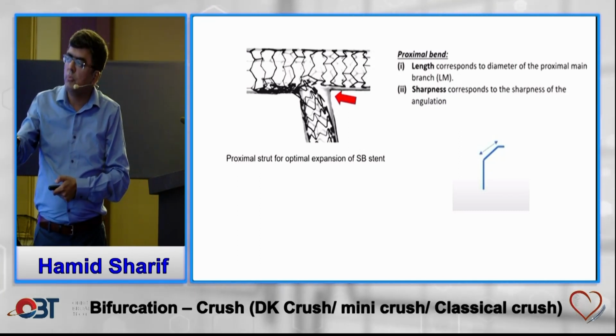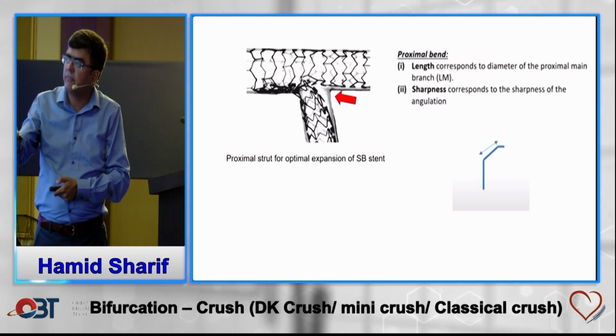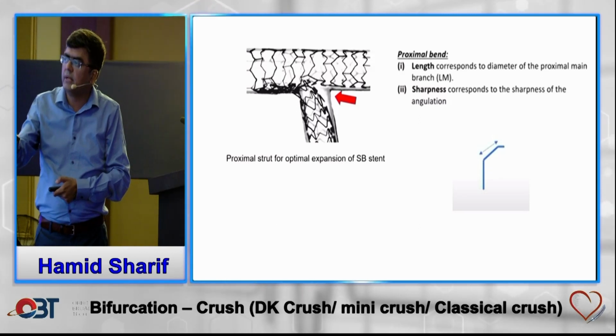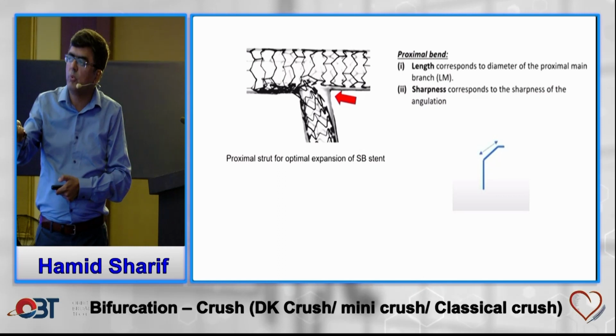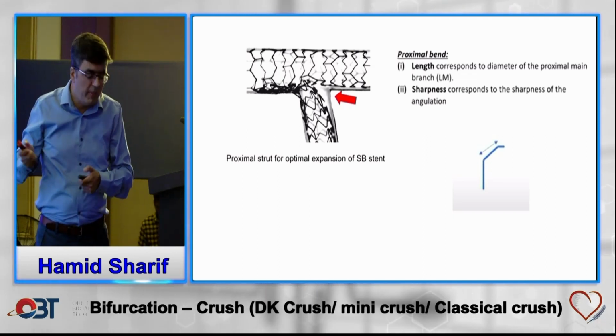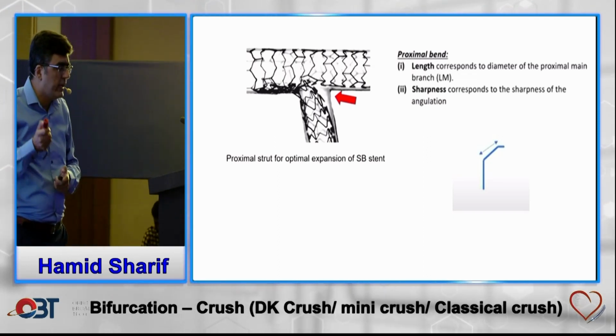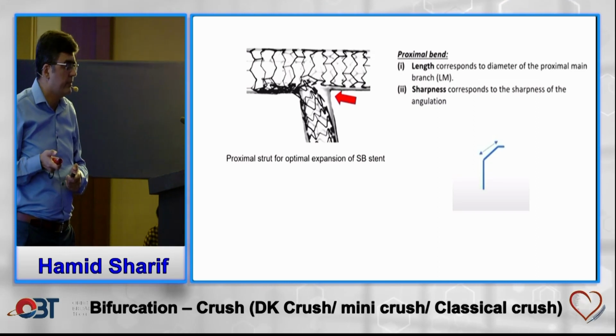So if your wire is over here, the 2.75 balloon should slip easily. If the wire has gone from here, you will have difficulty. The problem is that what we normally do, if the balloon is not going, we take a 1.5. The 1.5 will open this strut further and will cause further deformation of the side branch stent. So if the balloon is not going, make sure that your wire position in the side branch is proper or not.